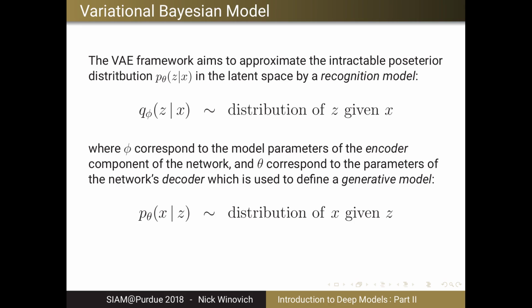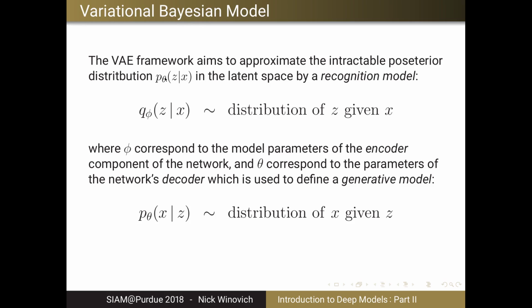So instead, what we could propose is to define an approximation, which they refer to as a recognition model, q sub phi, which again is going to give us a distribution in the latent space, provided a specific input. And we're going to try to approximate this the best we can.